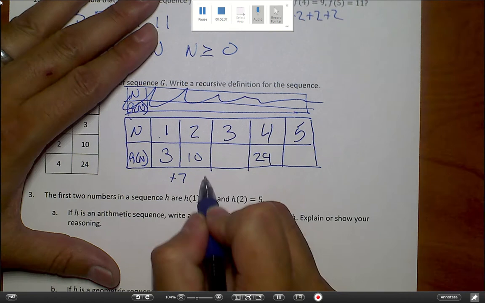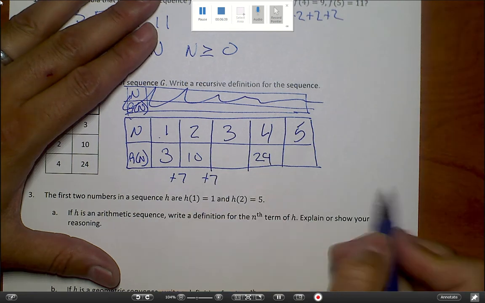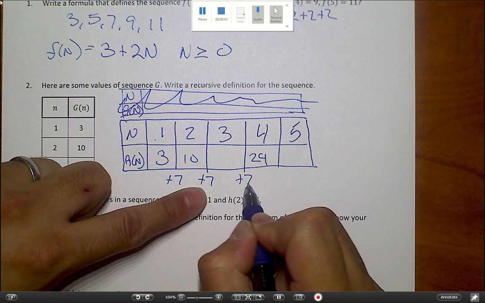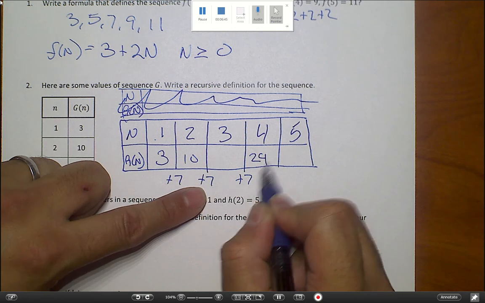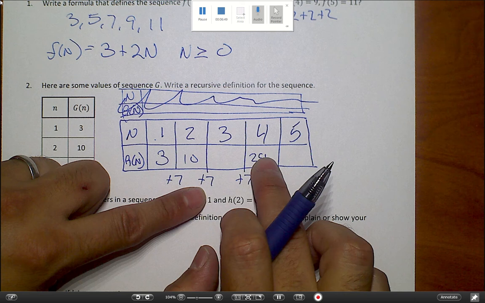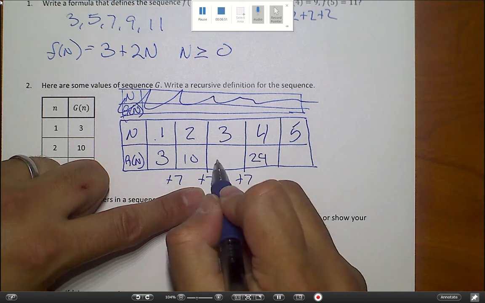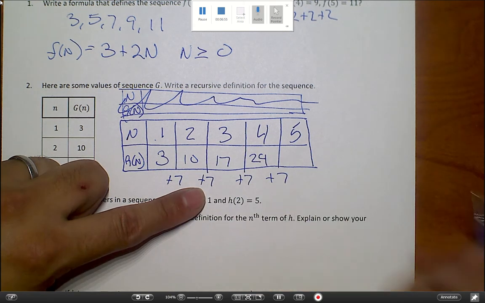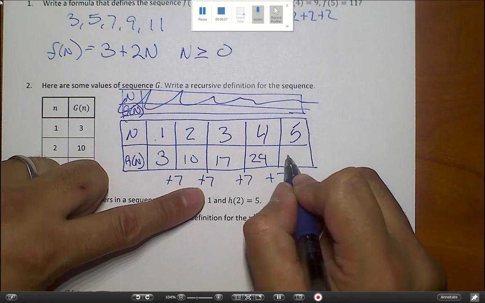So 10 plus 7 is 17. And if I go plus 7 again, that gives me 24, doesn't it? Since it does give me what I need, this piece right here is 17. And if I do plus 7 again, it's going to give me 31.